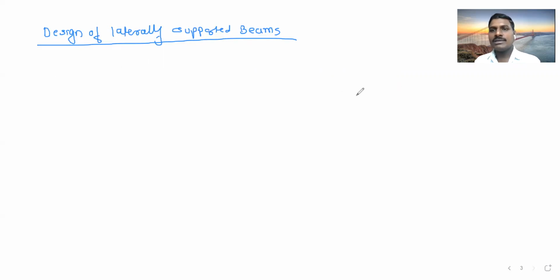So there are three possibilities of load coming on the beam. First possibility, load comes in this way, this is L by 2, L by 2.